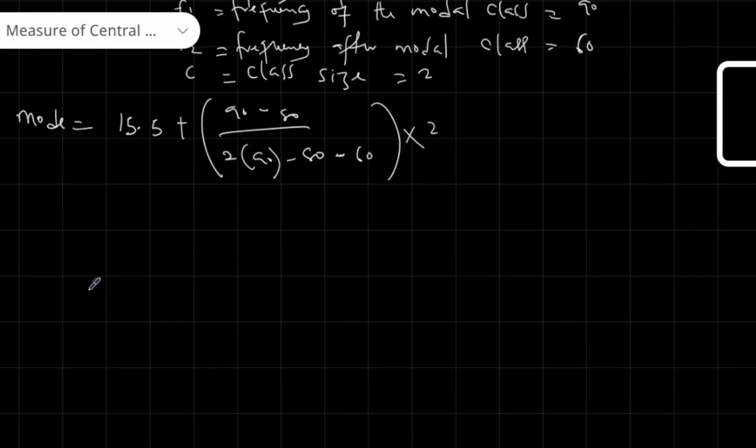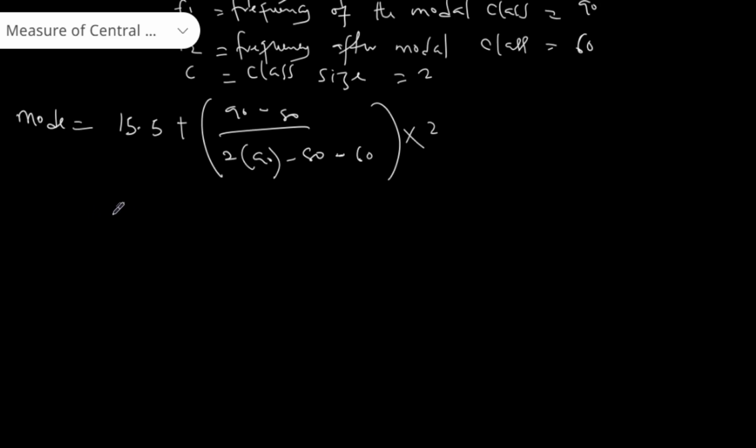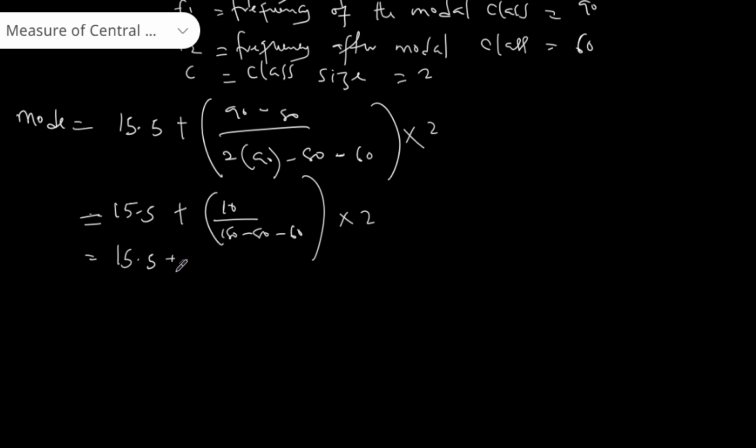So we have 15.5 plus 90 minus 80 is 10 over 2 times 90 is 180 minus 80 minus 60, then times 2. This will give us 15.5 plus 10 over, now 180 minus 80 is 100, 100 minus 60 is 40, then times 2.